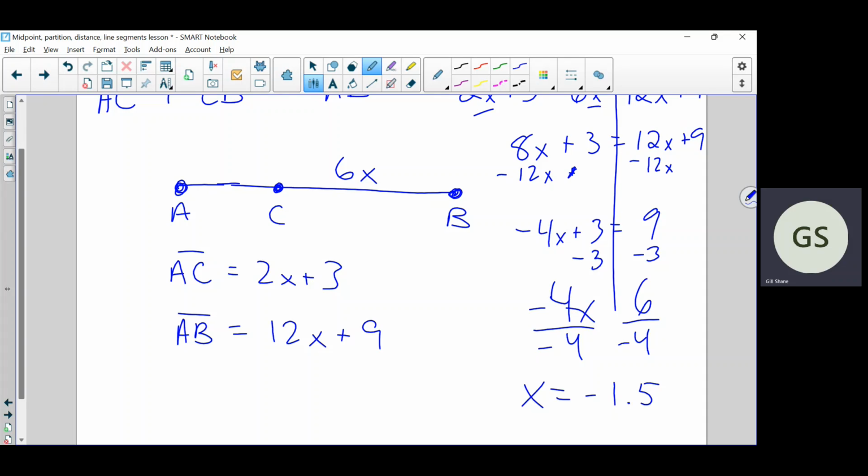Now here's what a lot of people lost points on. And normally you shouldn't. So here's the mistake that was on the quiz. I didn't change it. So I'm giving you the same quiz actually. So if you get negatives, just keep doing the math with the negatives. Theoretically, we shouldn't have any negative lengths, and that would give you a negative length. Like if I take negative 1.5 and multiply it times 6x.